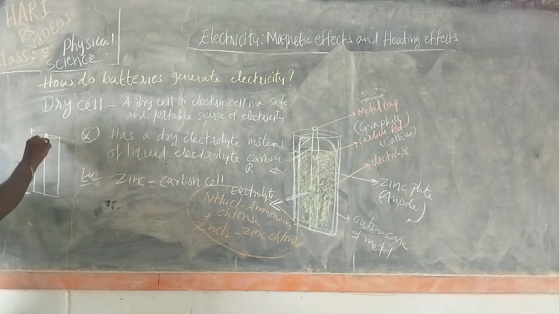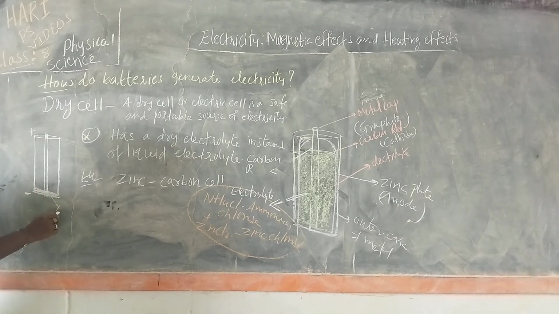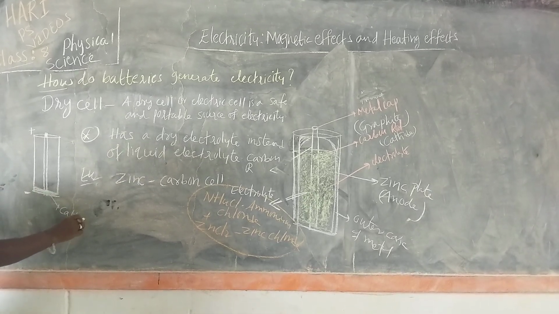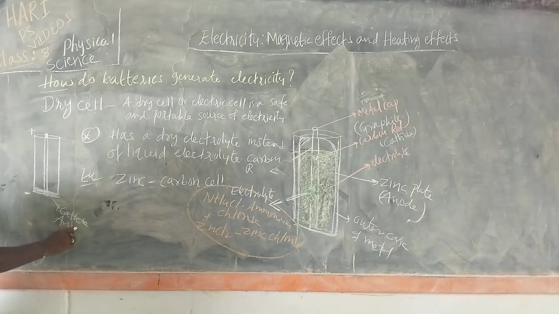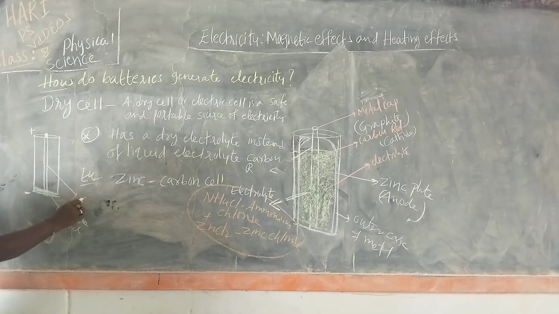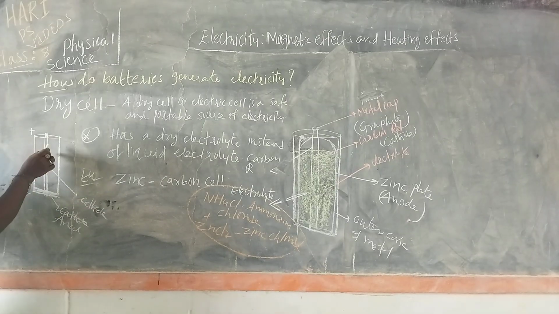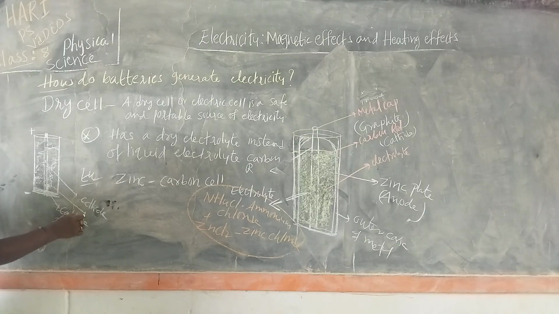Inside there will be a carbon rod, and the other end of the dry cell has a zinc plate. It acts as an anode, and this carbon rod acts as a cathode. Inside there will be a chemical paste, and that is called the electrolyte.